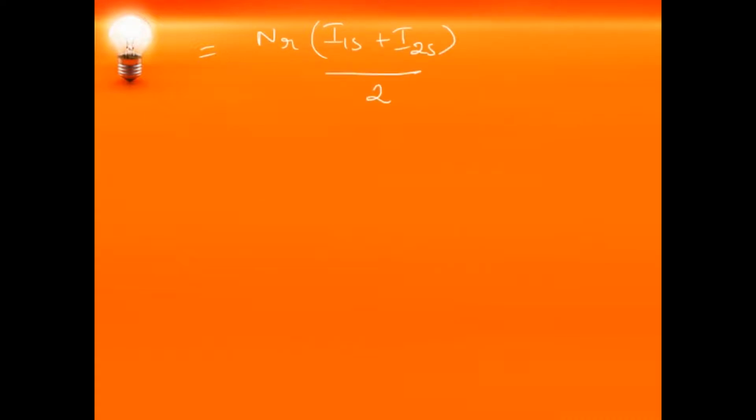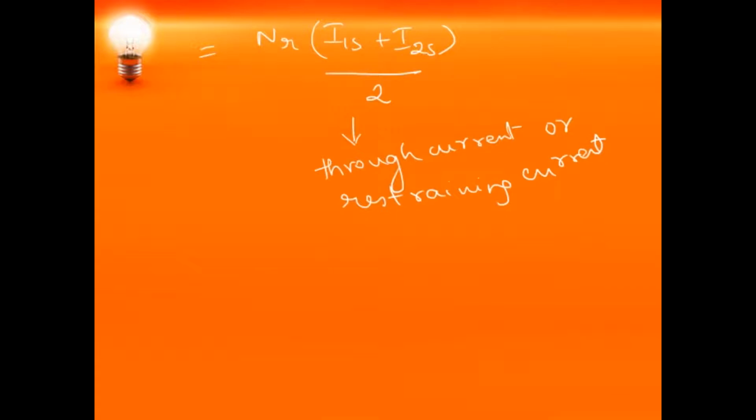This I1S plus I2S by 2 we call the through current or the restraining current. This is nothing but the average current of the secondary currents of the two CTs, that is CT1 and CT2.